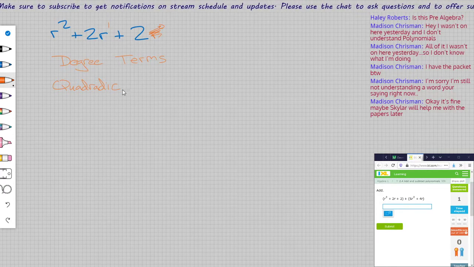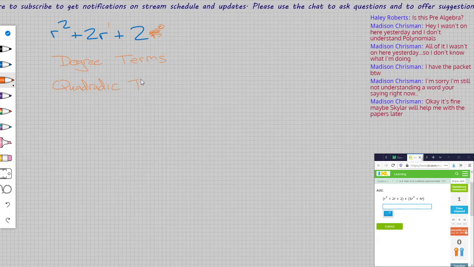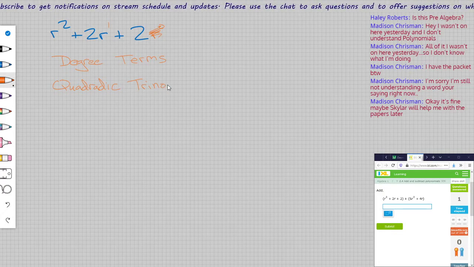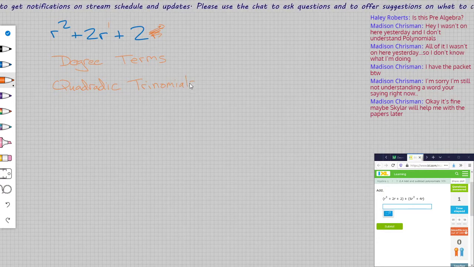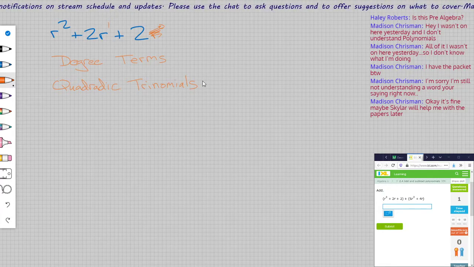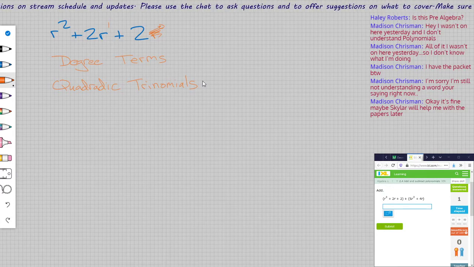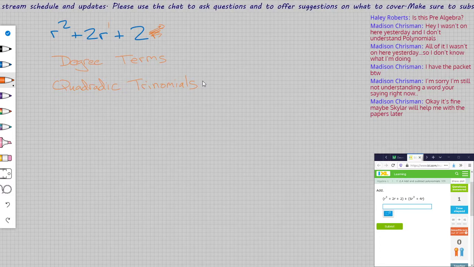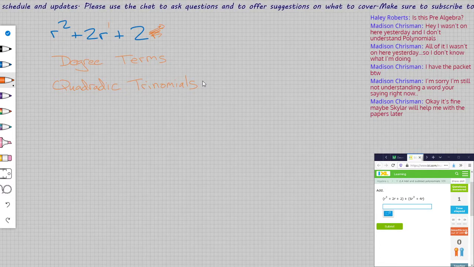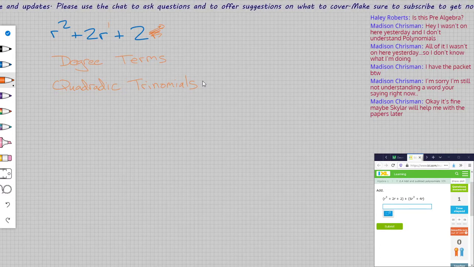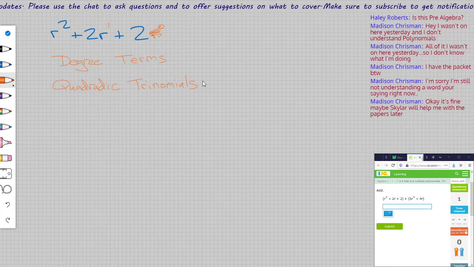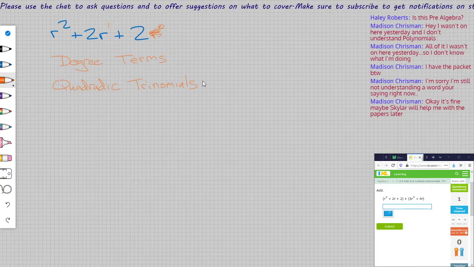So if we put those two descriptors together, then we have a name. You could also think of this like the classification system for animals. You have your genus and species. Think of it like that.